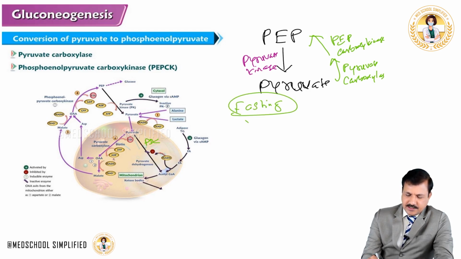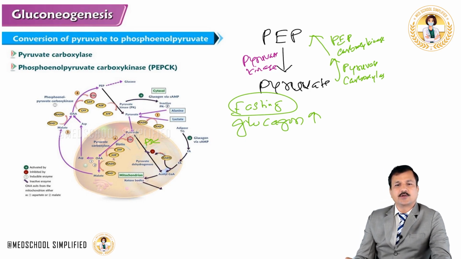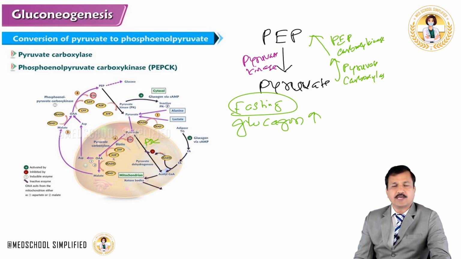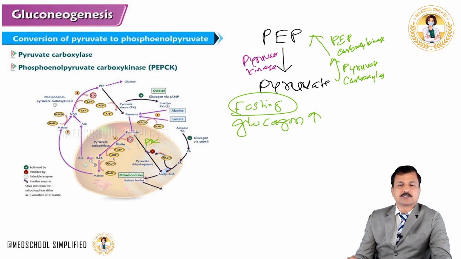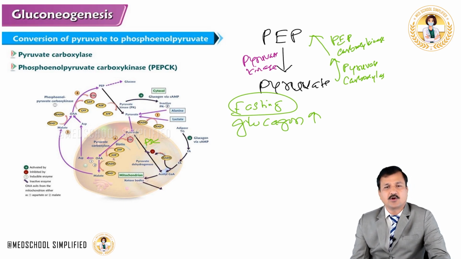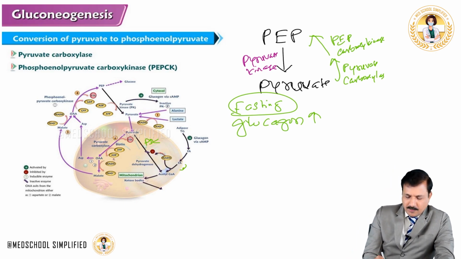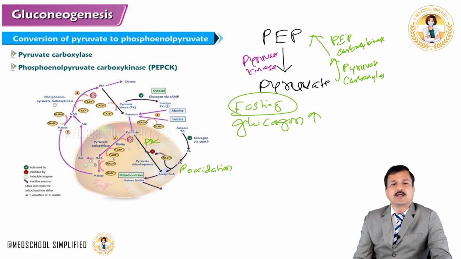Under fasting condition, glucagon levels in the blood will be elevated, and what does glucagon do? Glucagon stimulates hormone sensitive lipase in the adipose tissue, and it causes breakdown of adipose tissue triacylglycerol, and thereby free fatty acids flood into the blood. These free fatty acids are taken up by the liver and transported into the matrix of mitochondria, where, as shown here, they undergo beta oxidation, and the beta oxidation products are acetyl-CoA and NADH.